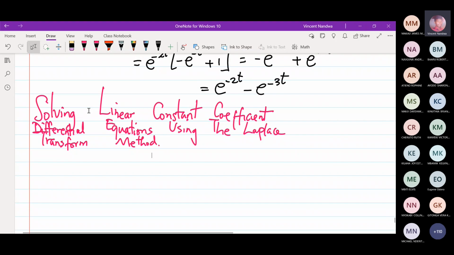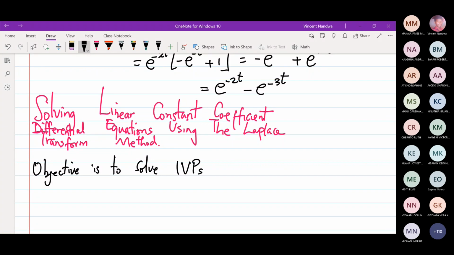So objective here is to solve initial value problems.